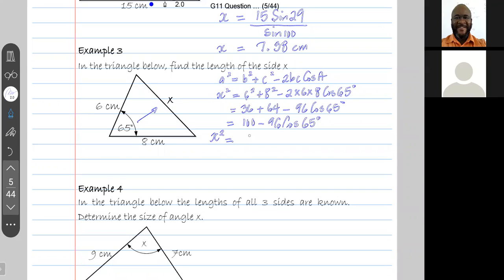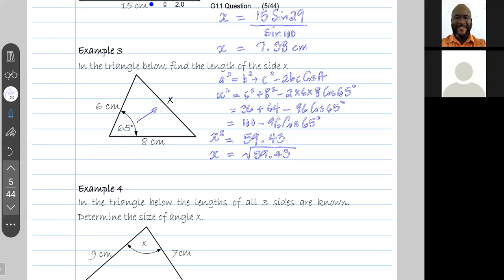This is 59.43. Now the opposite of square is square root, so x is equal to the square root of 59.43.